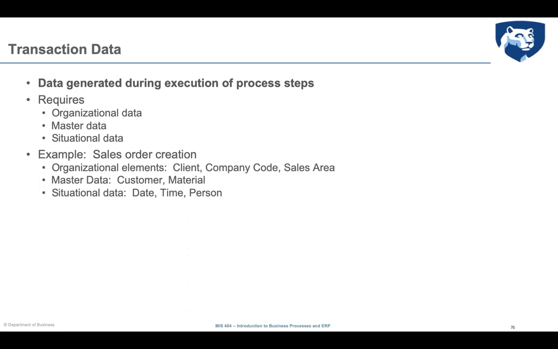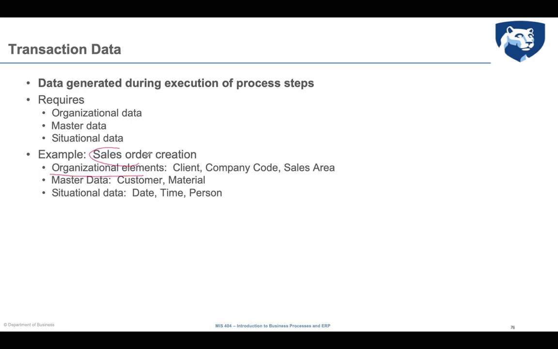When you execute a process, you need a document, exactly as in the example of the account payable process of the Ford company. So you generate data, and this data through documents needs to be stored somewhere. These are transaction data that can be accessed. These documents include organizational elements.